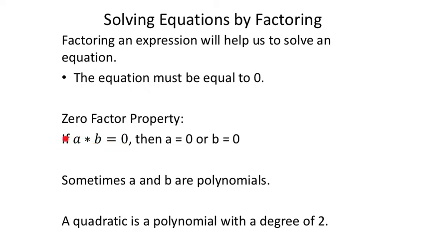Because if I can make this binomial, which eventually it'll be a binomial, equal to zero, then I don't really care what happens to the B. Because anything times zero is zero, including zero. If I can get this one as well to equal zero, then the whole thing ends up being equal to zero, okay? So what we do is we take these two factors, which are usually binomials, and set them equal to zero and solve them as separate equations.